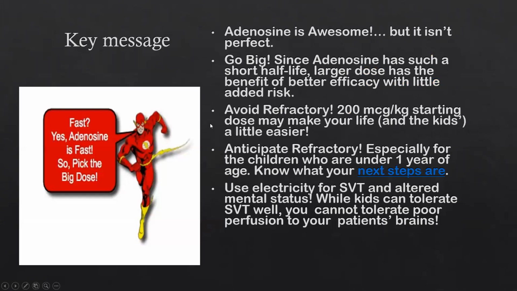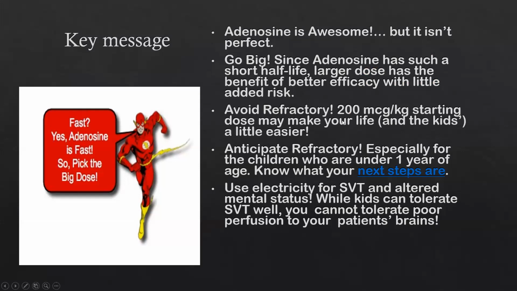So the key message: adenosine is a great drug, but it's imperfect, since adenosine has such a short half-life. A large dose gives benefit and better efficacy with little added risk.